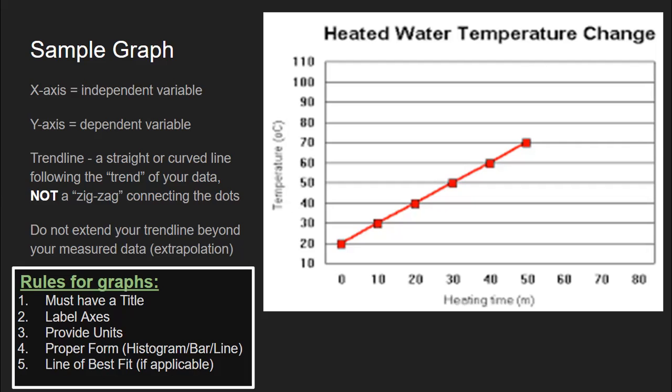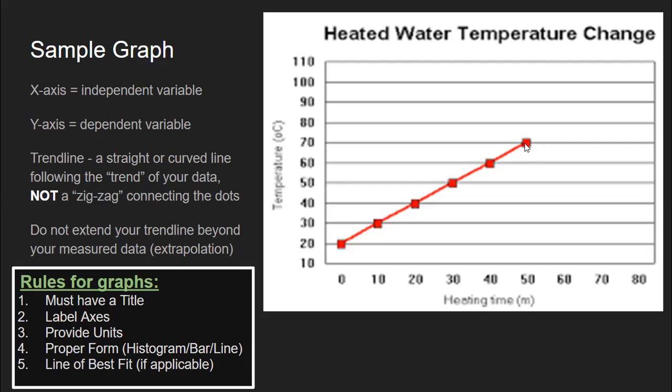And then if it is a line graph, you need to be doing a line of best fit. A line of best fit is one that follows the trend in the data. Here, it's just a nice straight line through these data points.